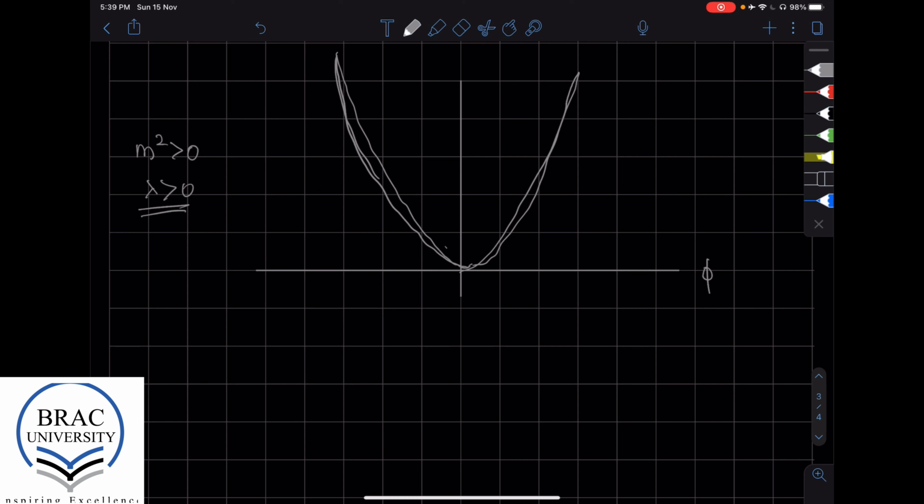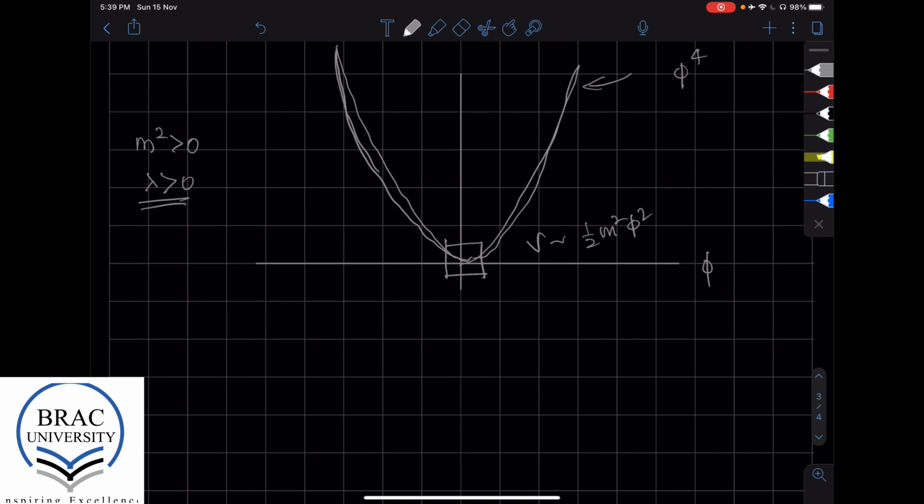So near the origin, where phi is small, the potential will have the form of half m squared phi squared. But as we move away, the potential will have the form of phi to the power 4, because that term would be dominating.